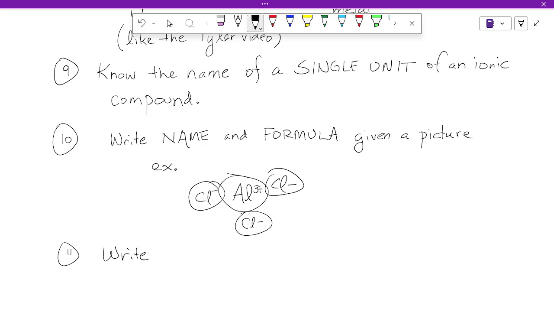And you need to be able to write the name given the elements.